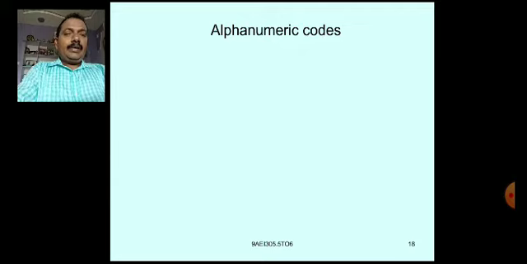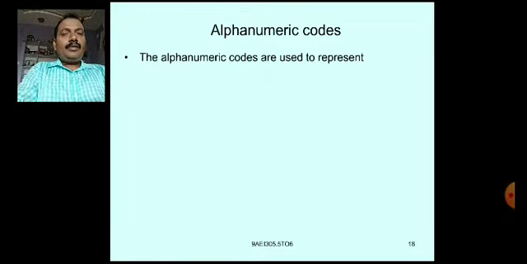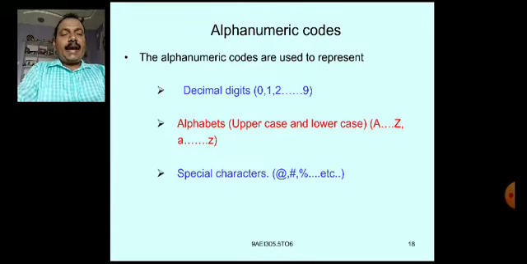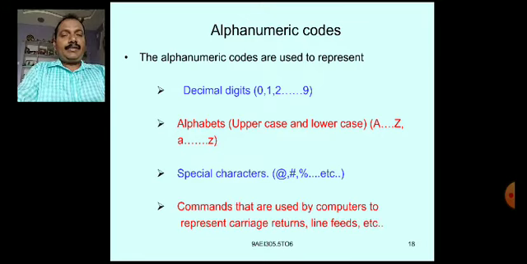Okay, now let us see alphanumeric codes. Alphanumeric means alphabets and numbers and special characters also: decimal digits 0 to 9, alphabets uppercase A to Z, lowercase a to z, and special characters like at, dollar, hash, percent.